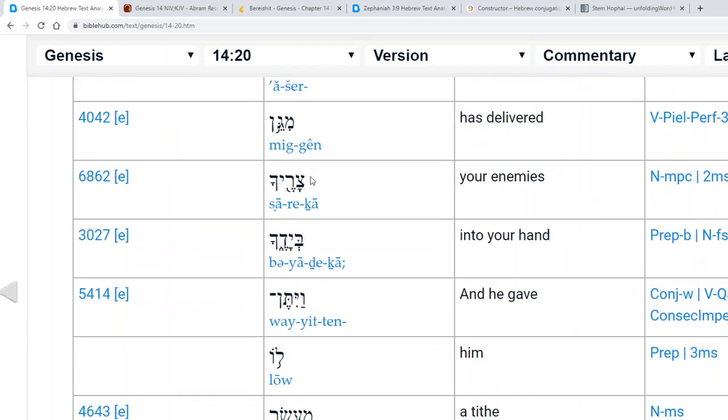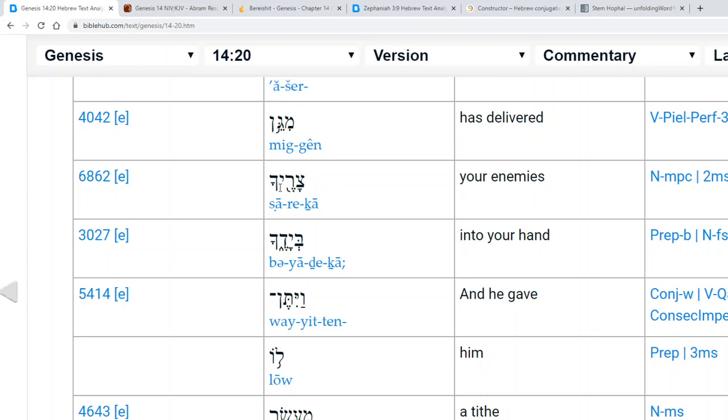Migen tzarecha. So, okay, we spoke about before, there's the root tzadek resh, which means narrow. Tzarecha, people who besiege you. I would translate it as those who besiege you. Tzarim would be your enemies or your besiegers. Tzarecha, the people who cause you pain, even, because tsar or tzarat, it means leprosy, right?